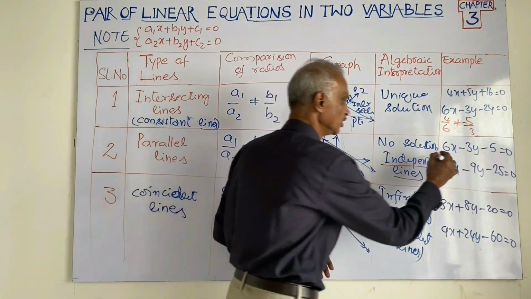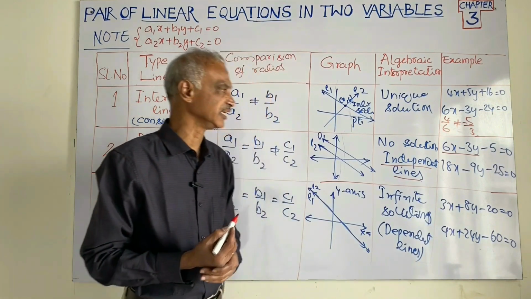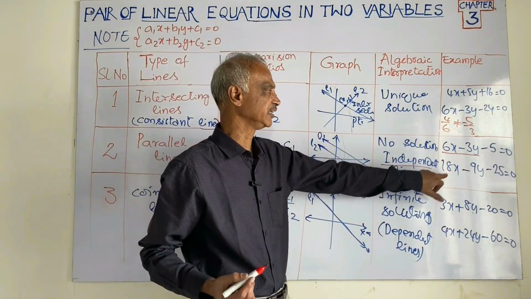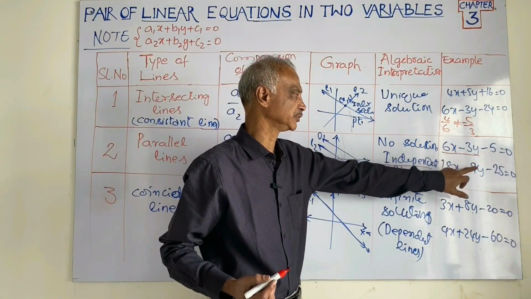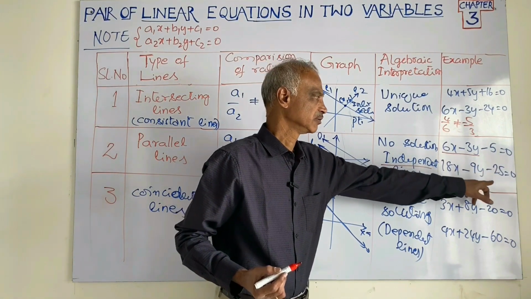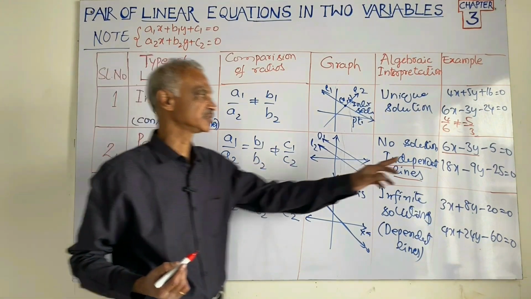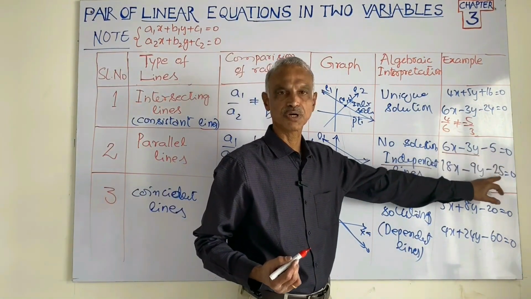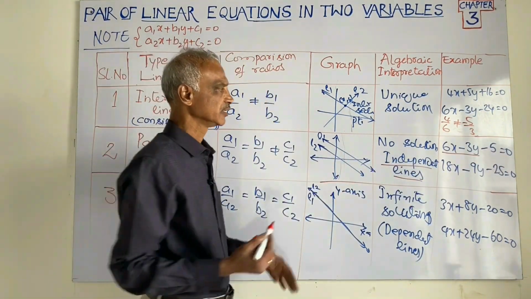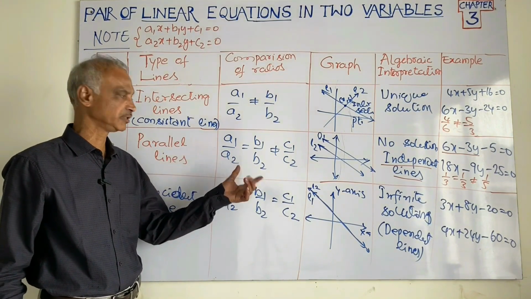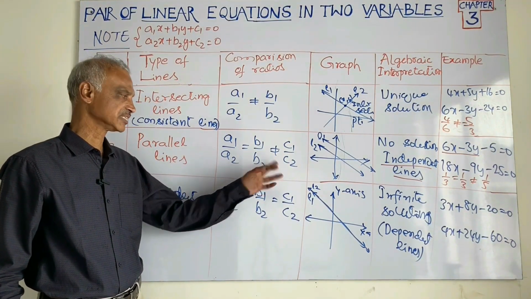Already I told you, just multiply this with 3: 6 threes are 18, minus 3 into 3, 9y. You can take minus 25. c1 is not equal to this. The ratios of these are not equal to each other. a1 by a2 is equal to b1 by b2 and not equal to c1 by c2.